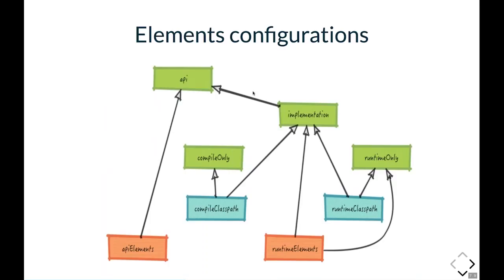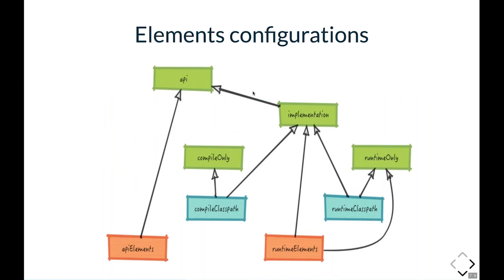So it's an implementation dependency, or a runtime-only dependency even. And so to run against that module, you need a different set of configurations. And if you remember the previous text slide, you can see that already between API implementation and these runtime and compile only, we're combining them in different ways. And that's what happens when Gradle creates these elements configurations.